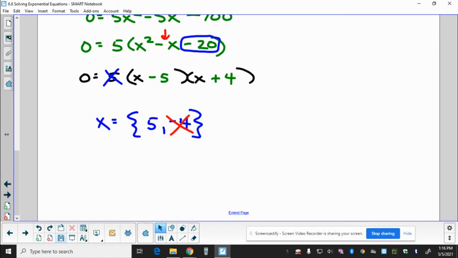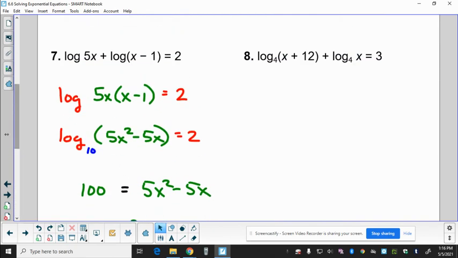Last question. I think we're going to go ahead and implement the same formula because we have addition, which implies we can multiply.